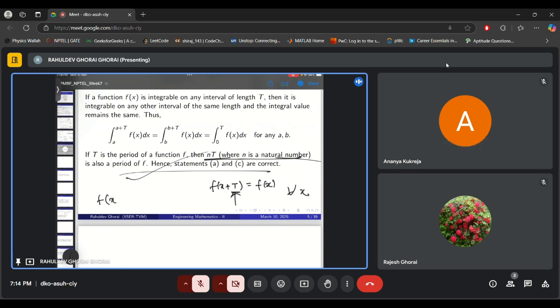But what we have seen is that f of x plus nT will also be equal to f of x. In that sense we say nT is also a period, so T periodic means nT periodic too. But the smallest such number is the period of f.